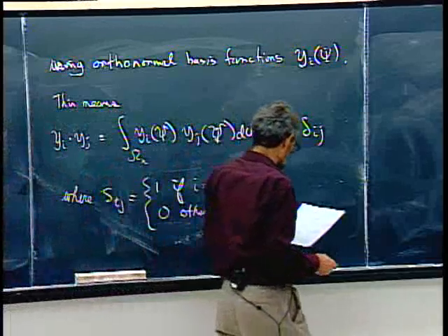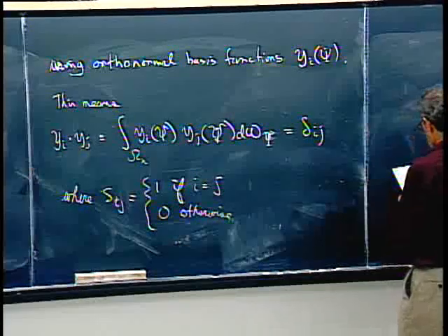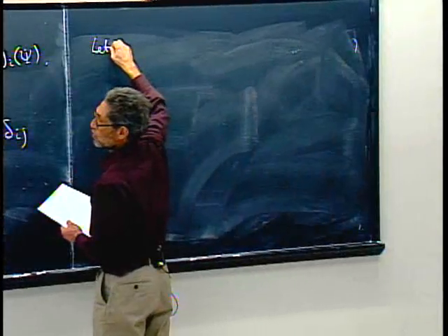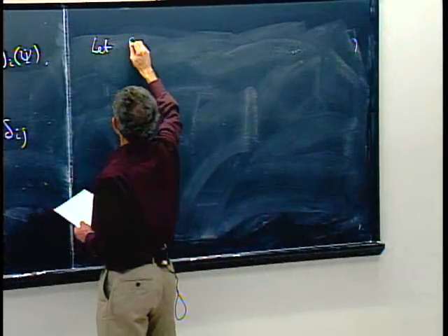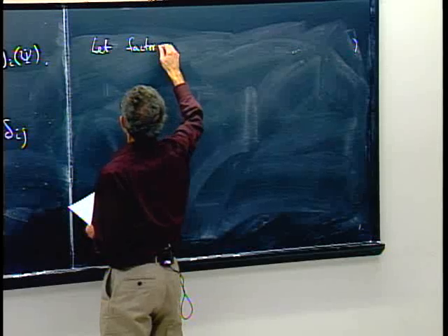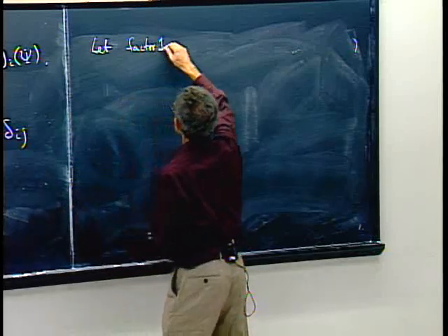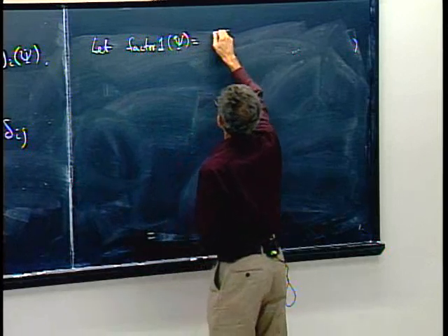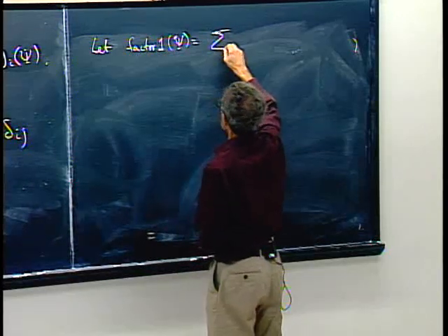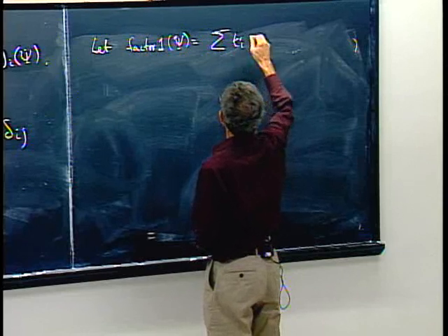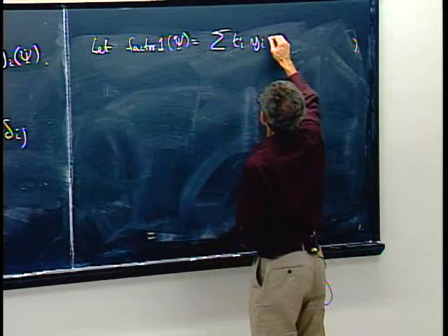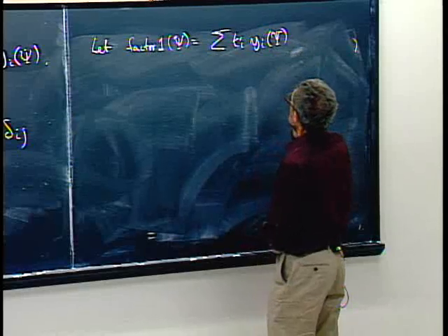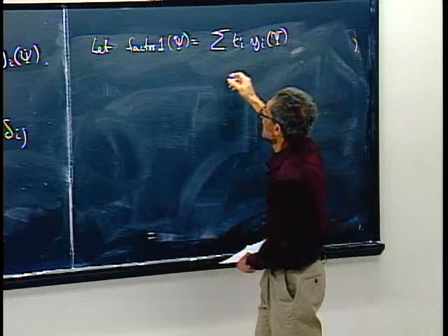Okay, so what we're going to do then is we're going to let factor 1 of psi, I wrote it out in my notes, equal the sum of coefficients ti times orthonormal basis functions of the angle.